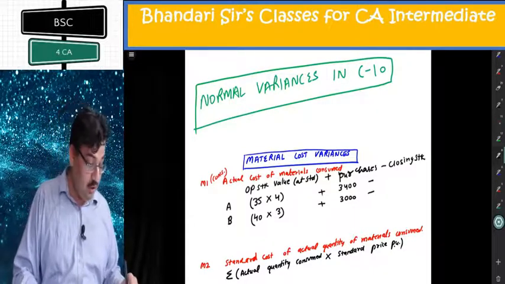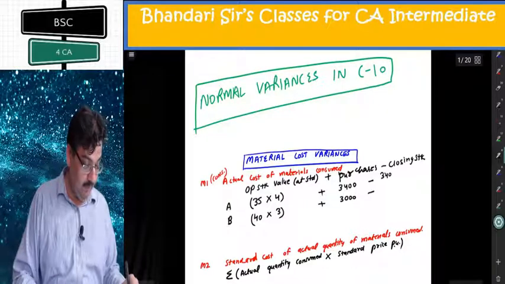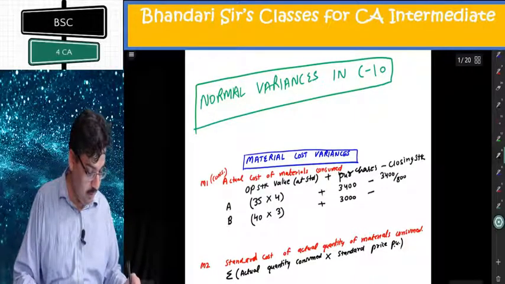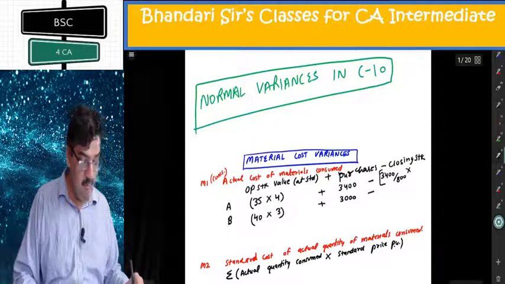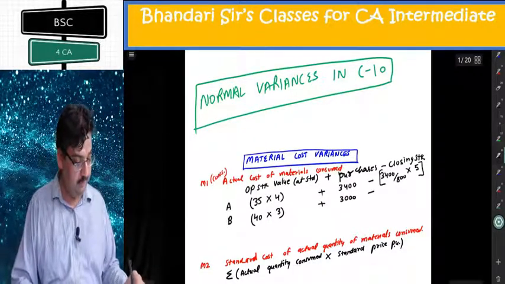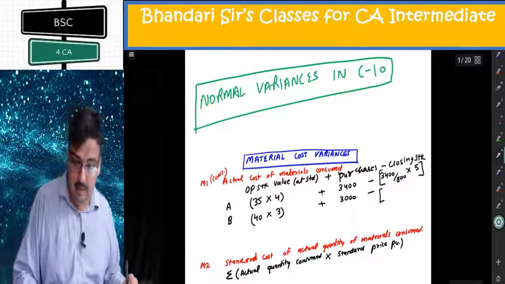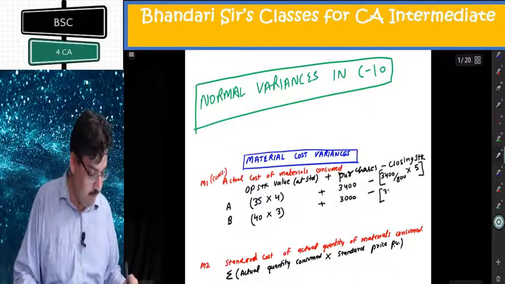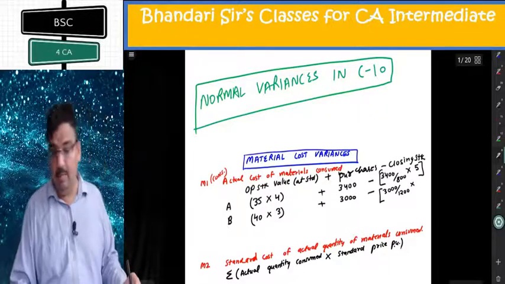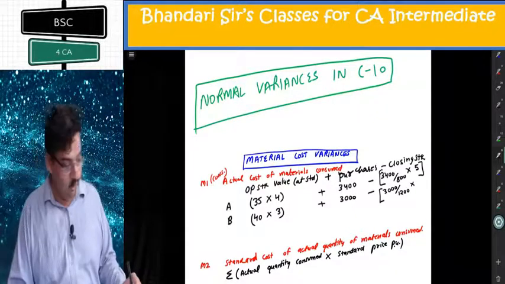How much is the actual rate? It is not given. 3400 divided by 800 is the actual rate per kg, multiplied by closing stock units 5 kg. Similarly, 3000 divided by 1200 per kg actual rate, multiplied by actual kgs in closing stock, 50.